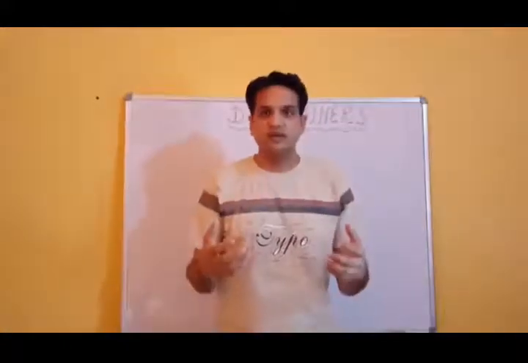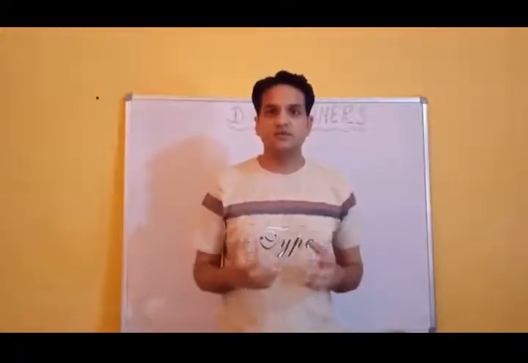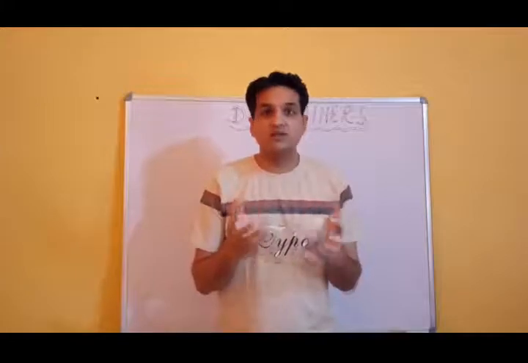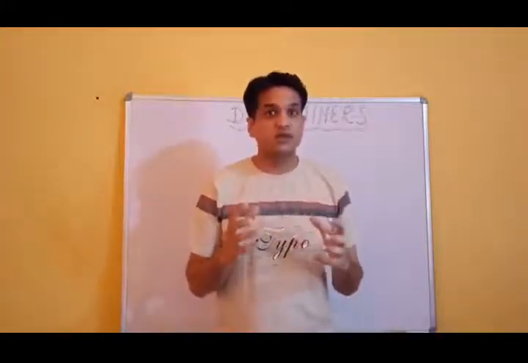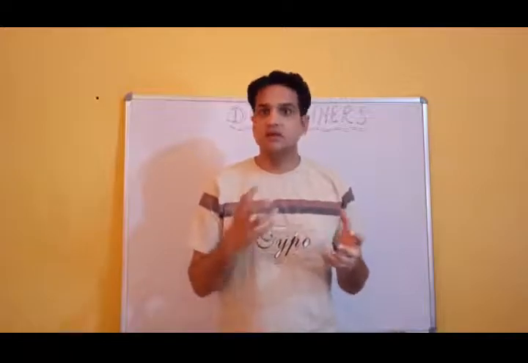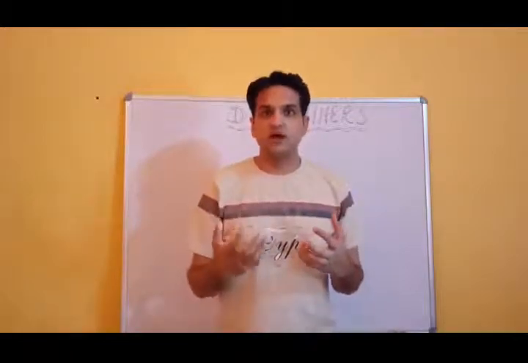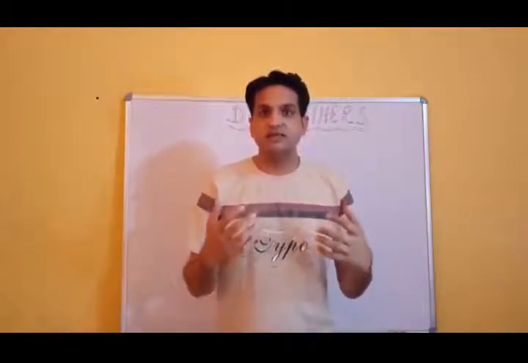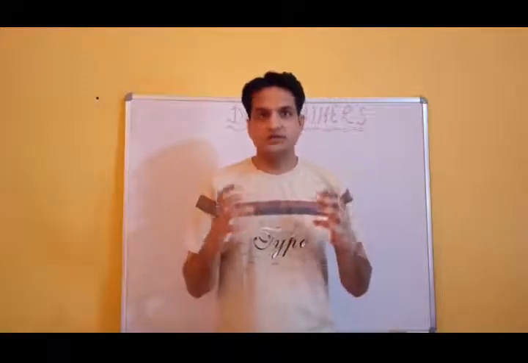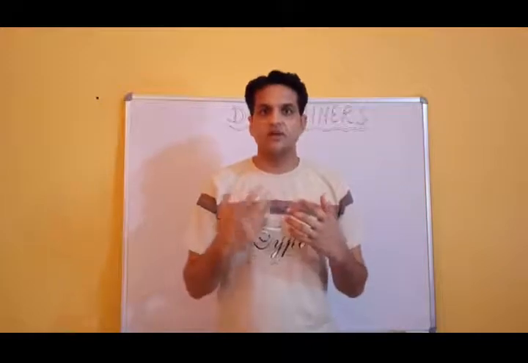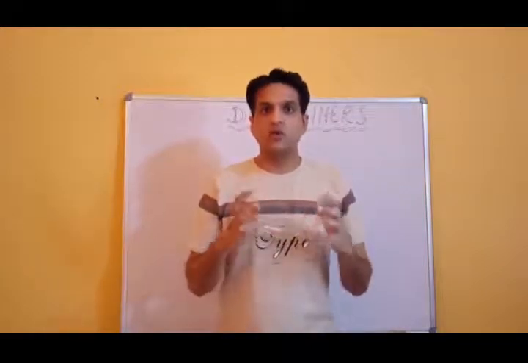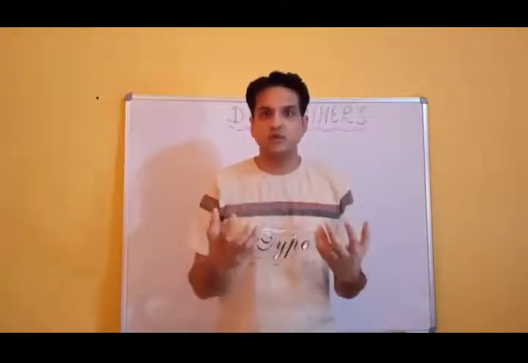So we have seen that determiners help us to specify a noun in a sentence. Determiners एक सेंटेंस में नाउन को स्पेसिफाई करने में हमारी हेल्प करते हैं. Determiners specify a noun in terms of their identity, उनकी पहचान, whether it is definite or indefinite. They specify a noun in terms of its quantity, उसकी संख्या के रूप में.